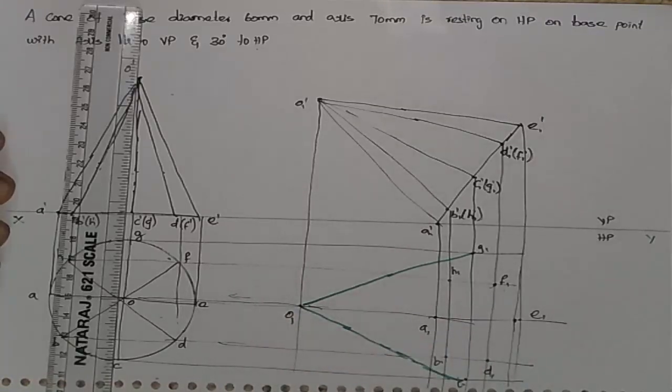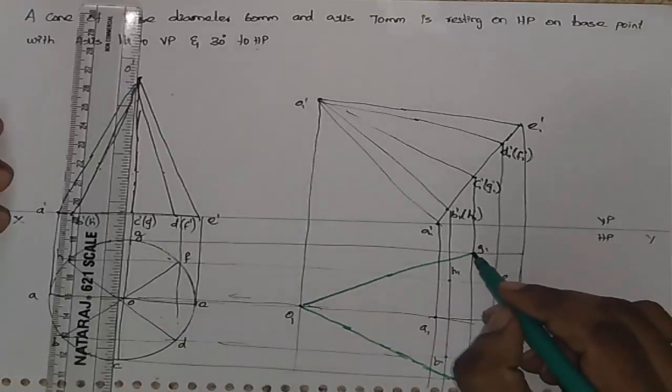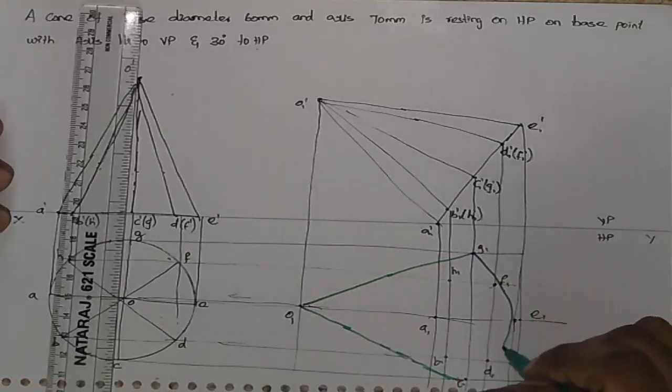And then since it is a cone, the bottom side of the cone is a circle, so that is a curved line. Once you tilt it, it will be viewed as an ellipse. That is, you have to connect all the shorter edges with curved lines, not straight lines. So these outer edges must be connected with curved lines.